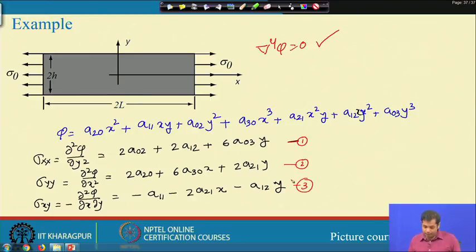These are the expressions of stresses in terms of these constants.